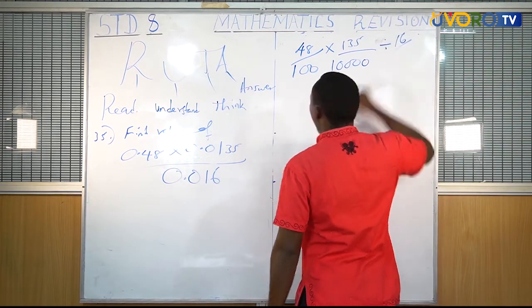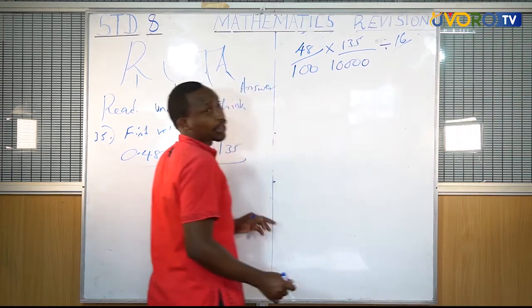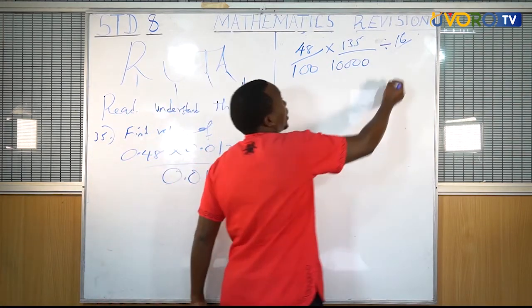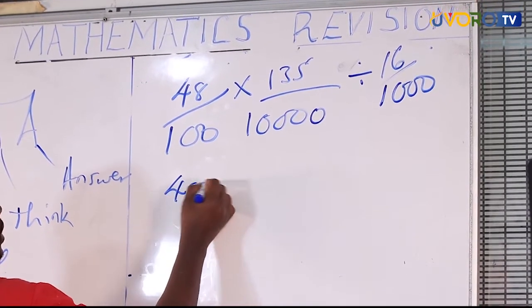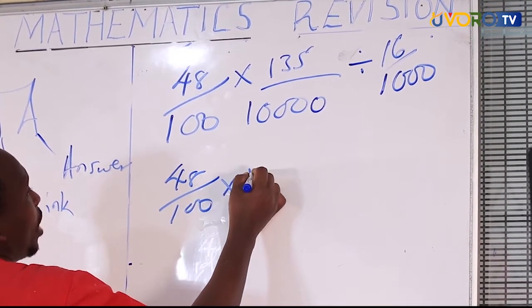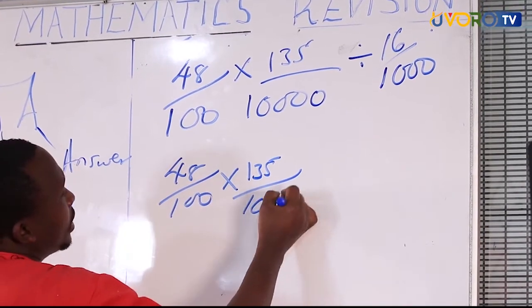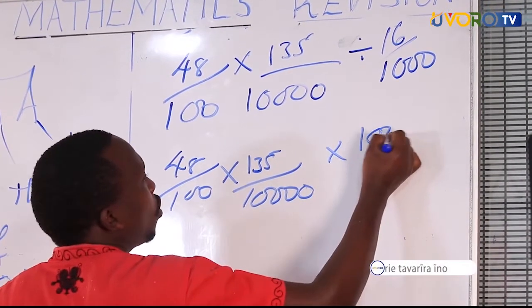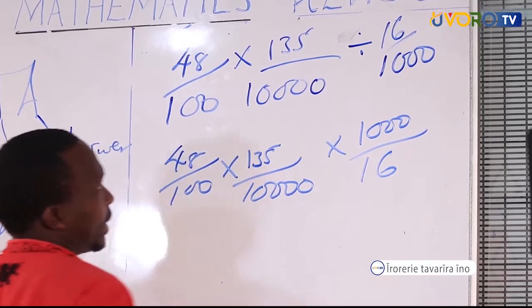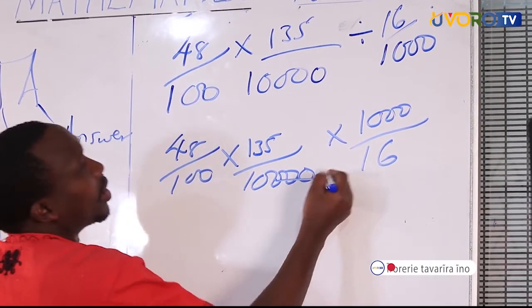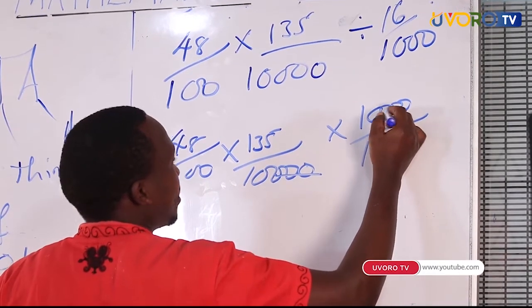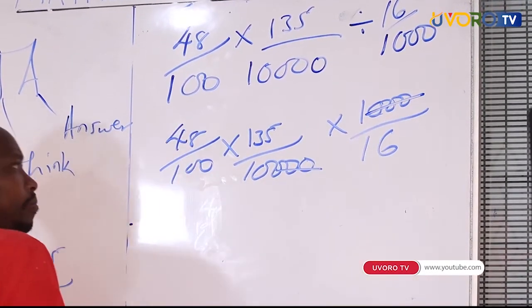Divide 16 over how many zeros? 3. Very good. So now, multiply 48 over 100 times 135 over 10,000 times 1,000 over 16, the reciprocal. Now, 3 zeros are getting snatched by the other 3 zeros.